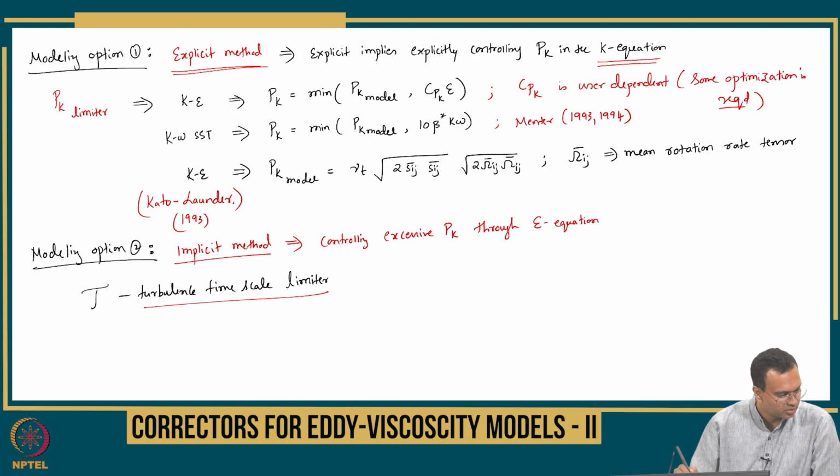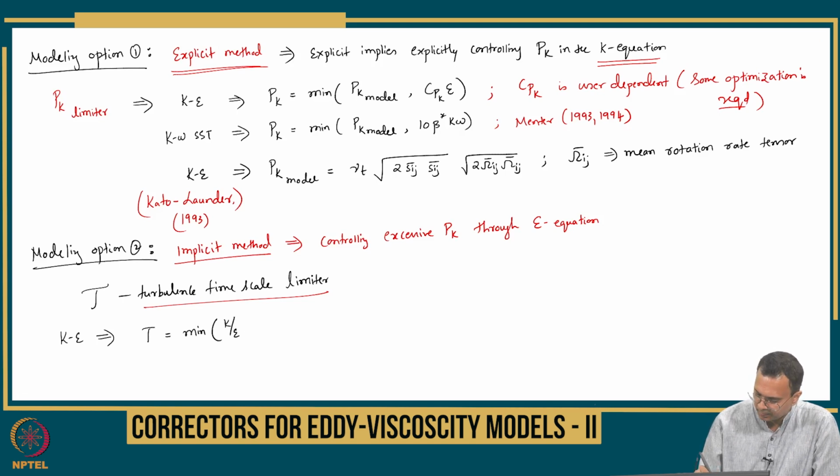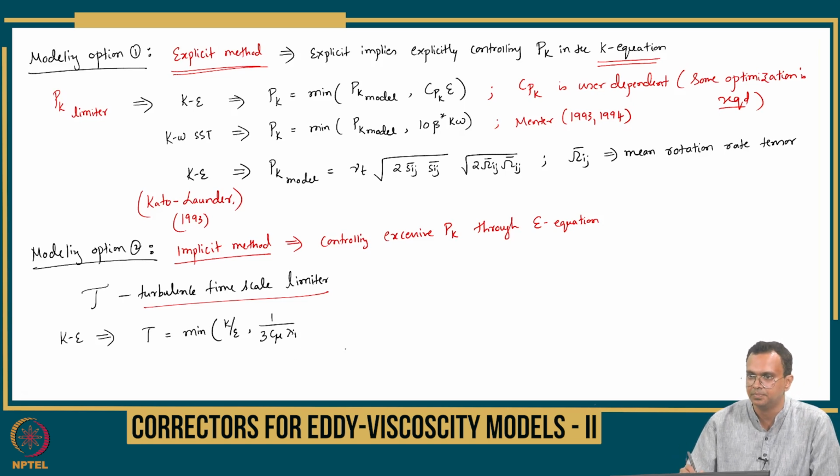So for a k epsilon model, for example, after you compute k and epsilon, you can set this time scale tau as the minimum of k by epsilon, or 1 by 3 c_mu lambda_I. Lambda_I you would know from Durbin's realizability constraint, right?